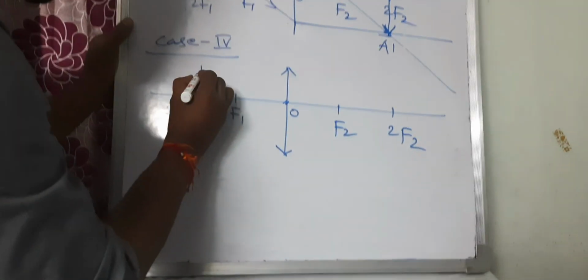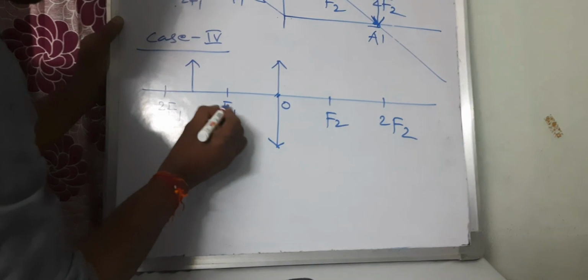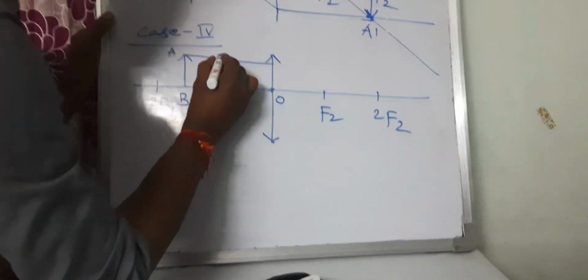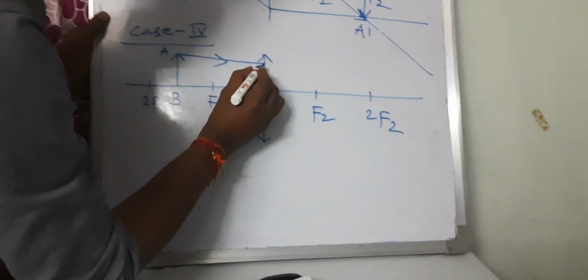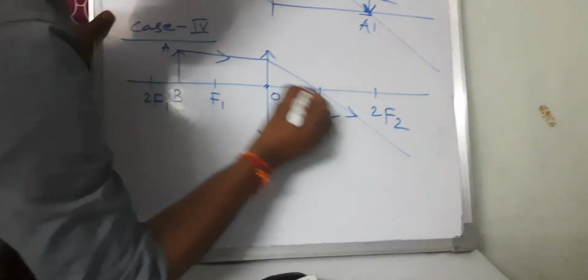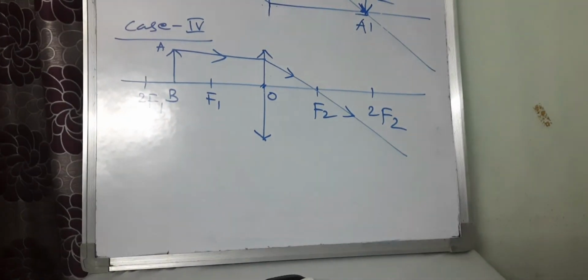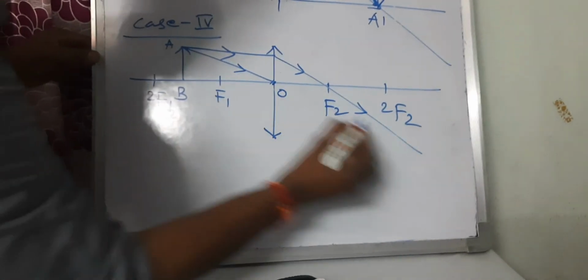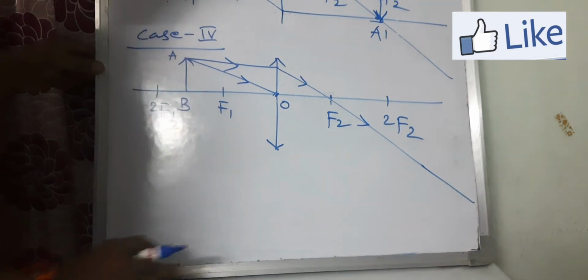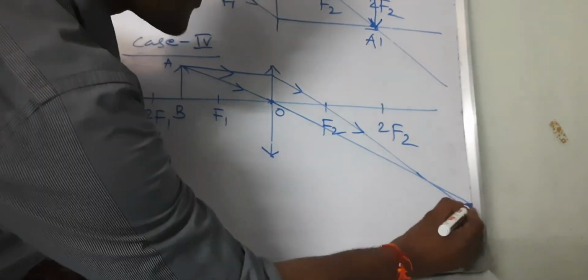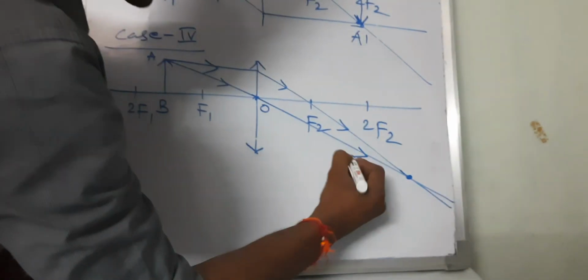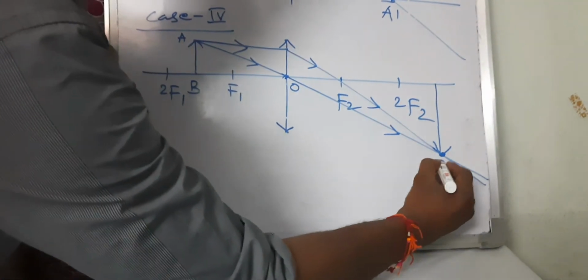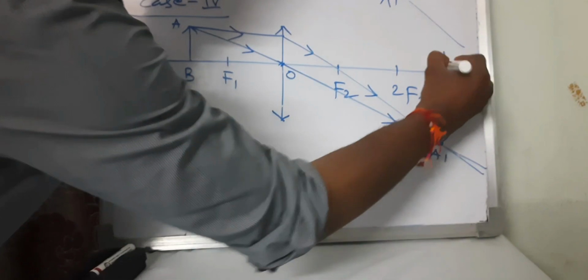See here, when the object is placed between f1 and 2f1, the parallel ray after refraction passes through the focus. For another ray, I am using rule 3, which is passing through the optical center, undeviated. So like this is the location. See here, this is A dash, B dash.